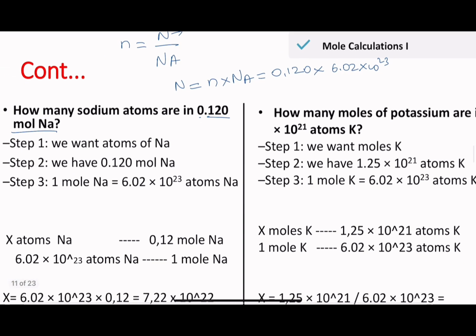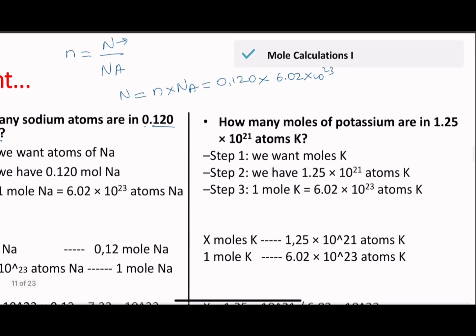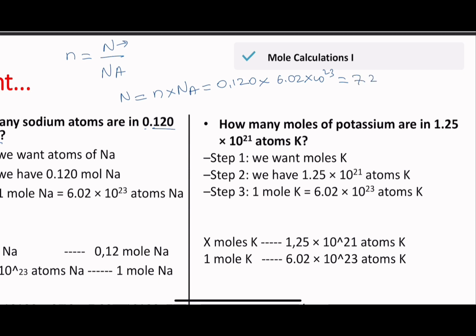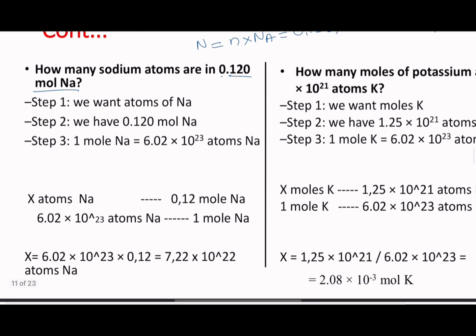And then from here you get the answer, which is 7.2 times 10 to the power of 22 sodium atoms. Or as I said, you can do the proportion. You say 1 mole is this many atoms, 0.12 is this many atoms, and then you do the calculation.